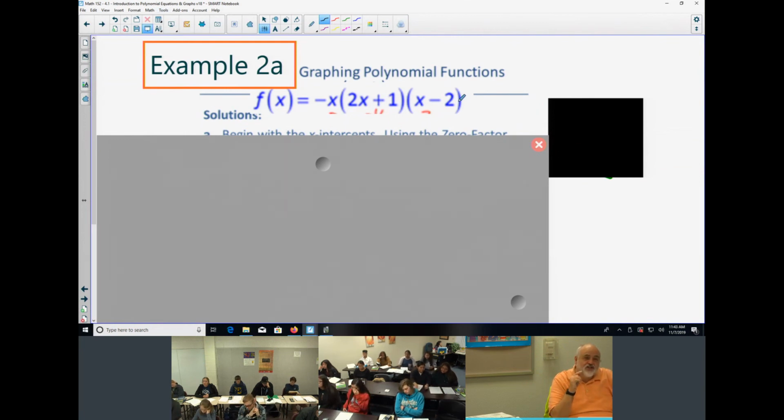It's good because it helps us find the x-intercepts easier. It's bad because it's not as obvious as far as what the end behavior is. So what you do is you just imagine multiplying the x's together. So negative x times 2x times x. That would give you a negative x, well, negative 2x to what power?